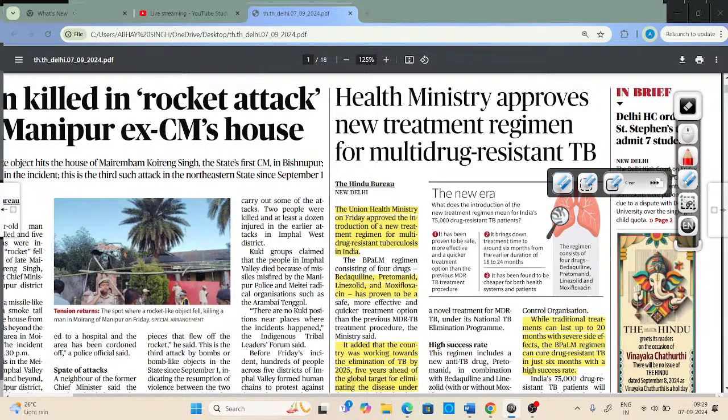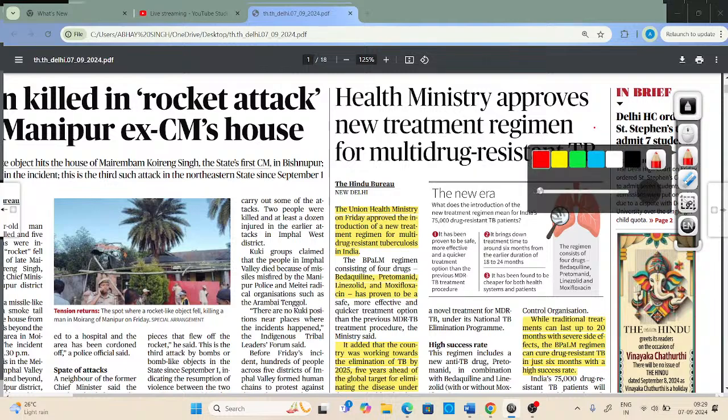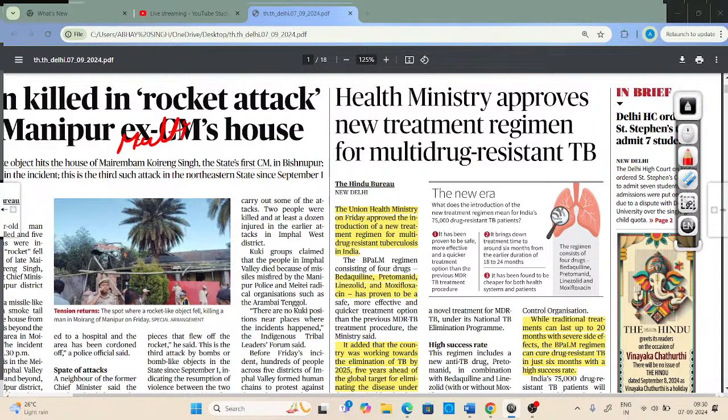So let's understand the meaning of multi-drug resistant TB.